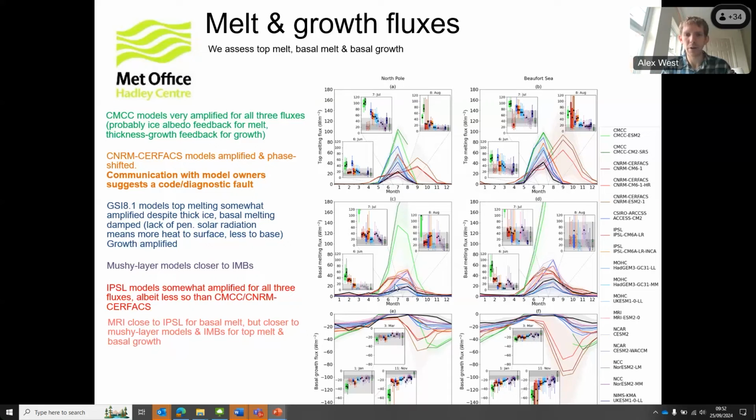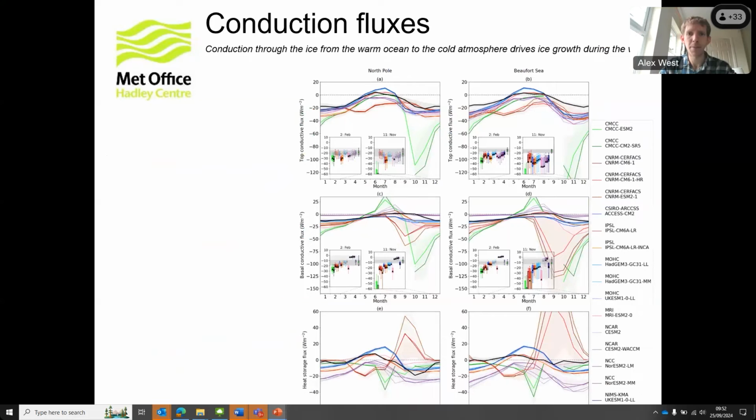MRI is quite close to IPSL in terms of its basal melt, the pink line here, but it is closer to the ice mass balance buoys for top melt and basal growth, and incidentally the mushy layer models. But viewing this as a whole, we can see that there is a tendency for these fluxes to be higher than the buoys measure rather than lower, perhaps the first tentative signs of an overall model bias.